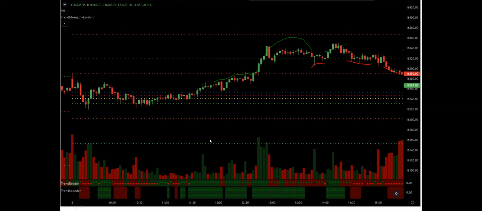Next, levels. We have put in the default Camarilla pivot points, right? There are so many lines here, and I'll explain them. There are three lines here: blue, pink, and yellow. These are the pivotal points which are calculated and drawn.